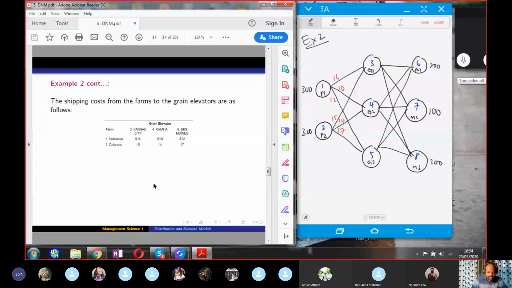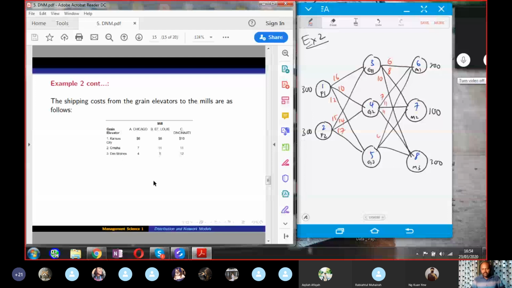The cost given here is 6, 8, 10, 7, 11, 11, 4, 7, 12.